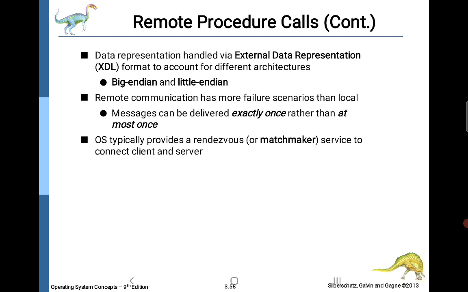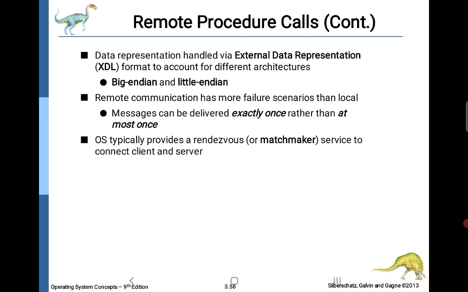Both are used in different protocols. Sometimes the message is delivered at most once. I'll just send it one time and I don't care whether it was received or not. And the other is that it would be received exactly once. That means I will send it until I'm sure it was received once.